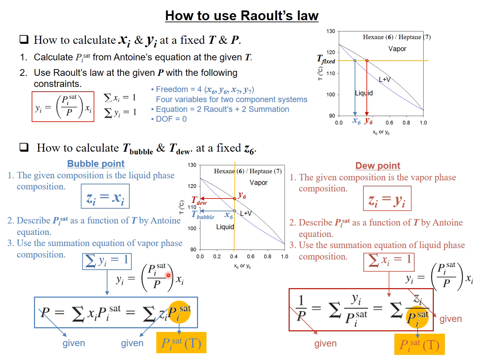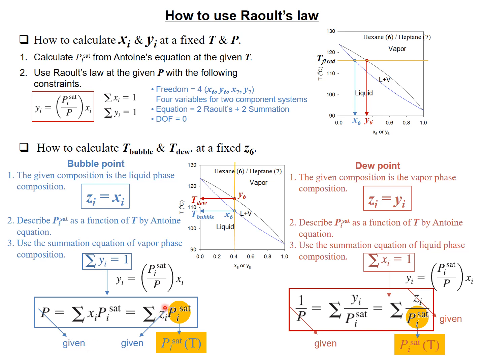Then when I put this equation into the summation, finally we would have the total pressure equal to the summation of the given composition times the saturation pressure. The total pressure is given, right?